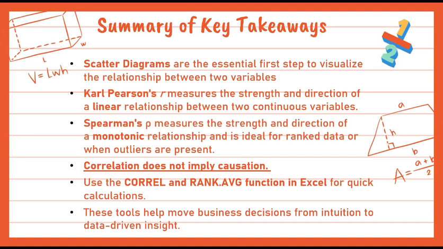Then we learned about the Karl Pearson's correlation coefficient, which is denoted by R. With the help of that correlation, we understand the strength and direction of the linear relationship between two continuous variables. We then went forward to study Spearman's rho, which measures the direction of the monotonic relationship between two variables, and it is more specific to ordinal data or data available in terms of rank.